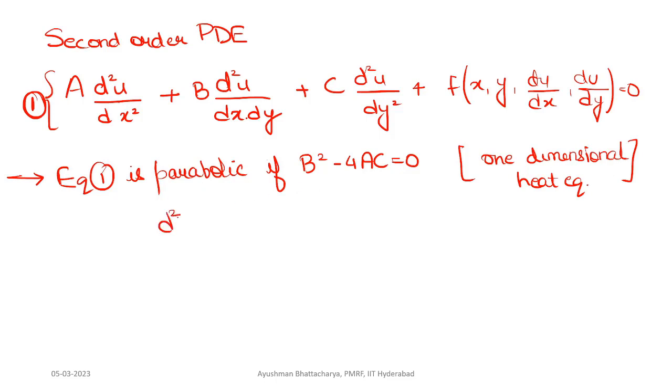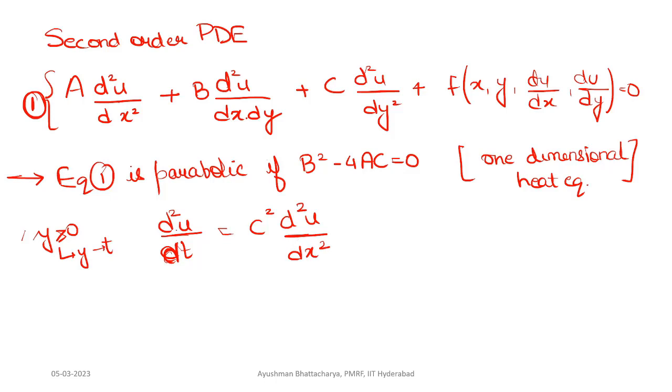So you can write it as du by dt, because y is greater than or equal to 0, so we are replacing y with t. So the heat equation with temperature is du by dt equals c square d square u by dx square.